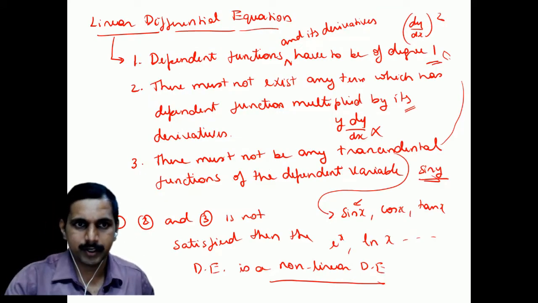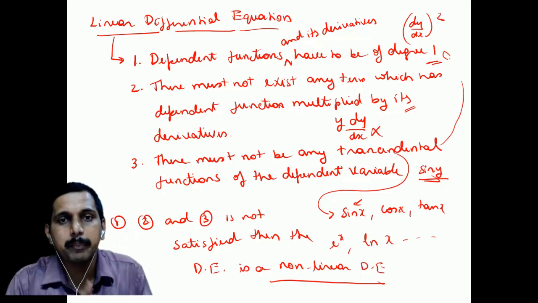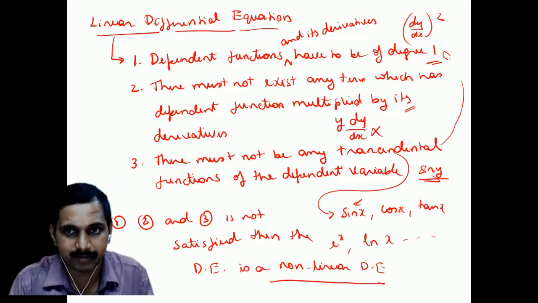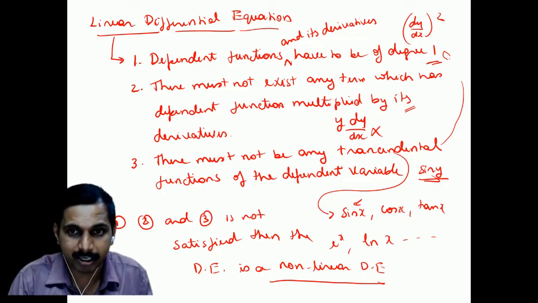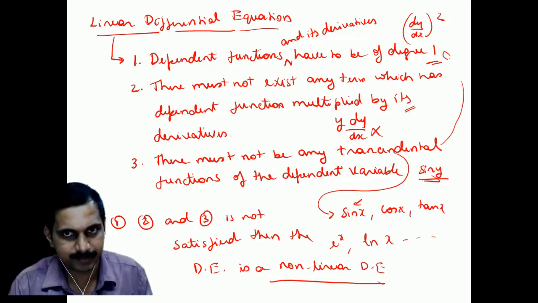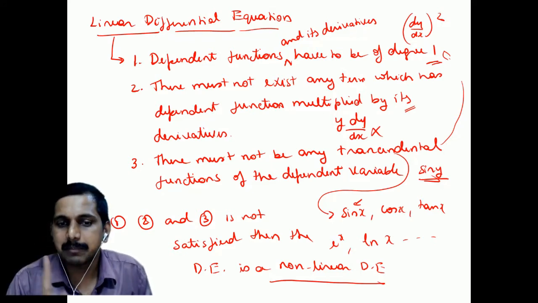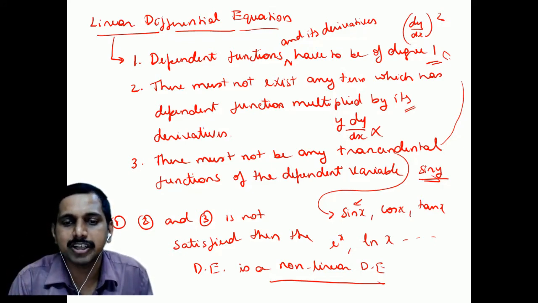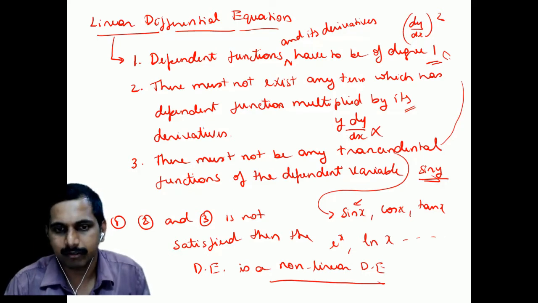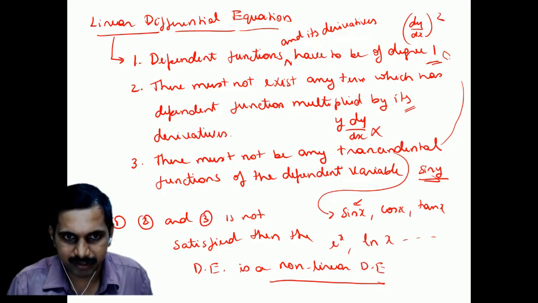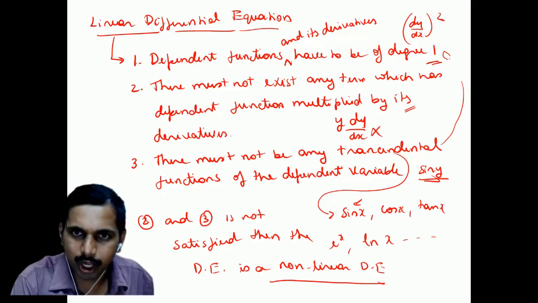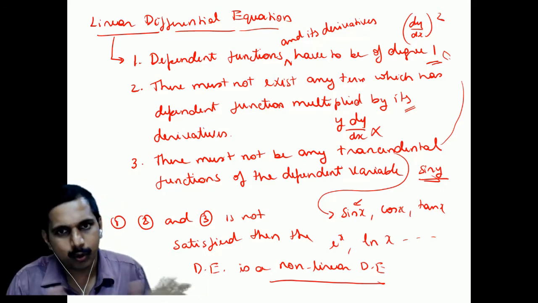A linear differential equation: dependent functions and its derivatives must be of degree 1. There must not exist any term which has the dependent function multiplied by its derivatives. Third, there must not be any transcendental functions of the dependent variable. If these three things are there, it is a linear differential equation. Otherwise, it is a non-linear differential equation. I hope it is clear, students.